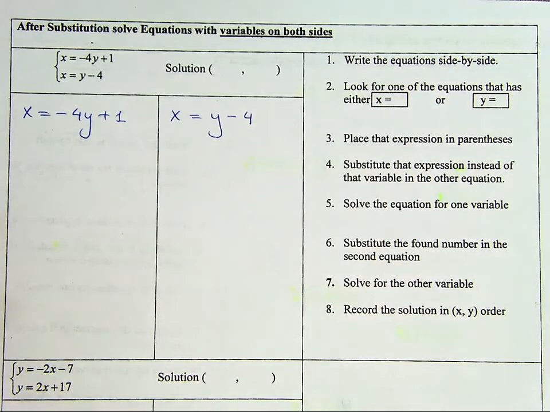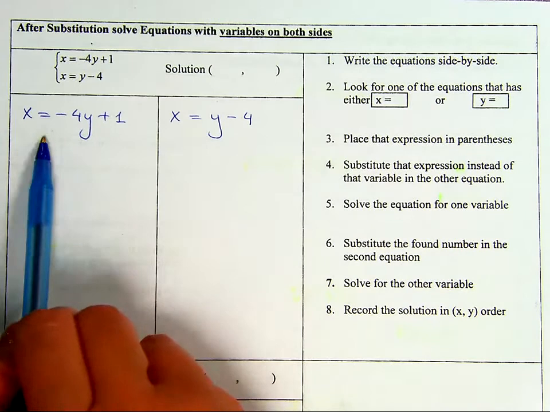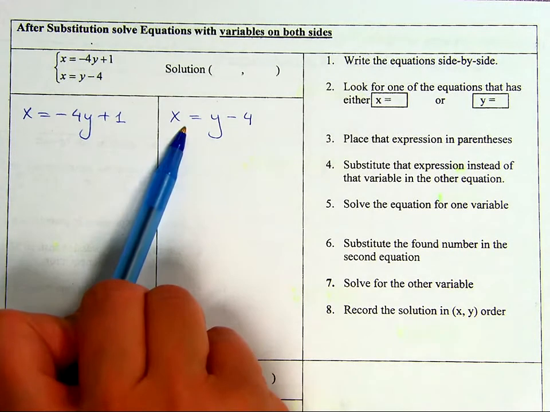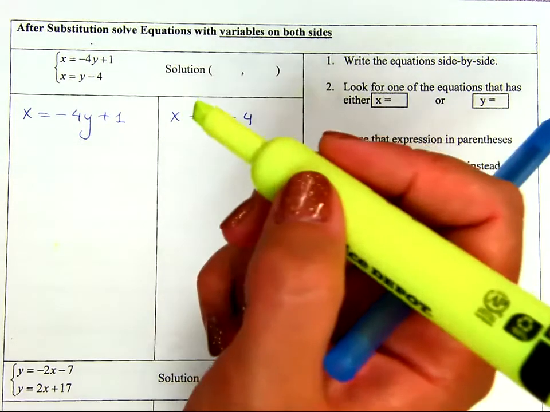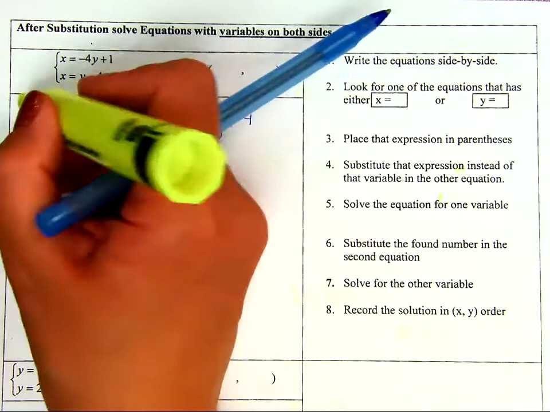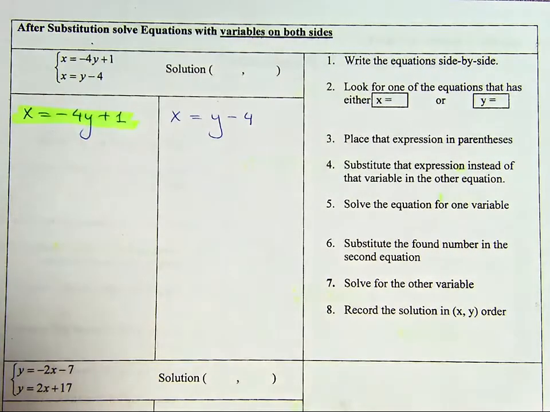As we look for one of the equations that has either x equals or y equals, we notice that both equations have x equals. Well, we only need to use one. So we are going to use one of the equations that has the expression for x.